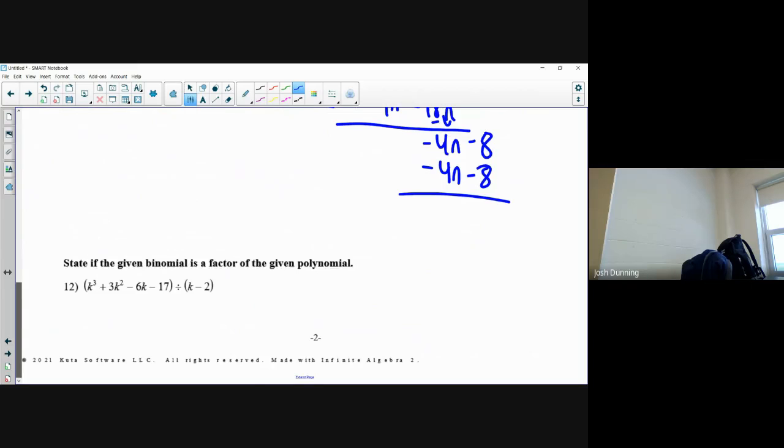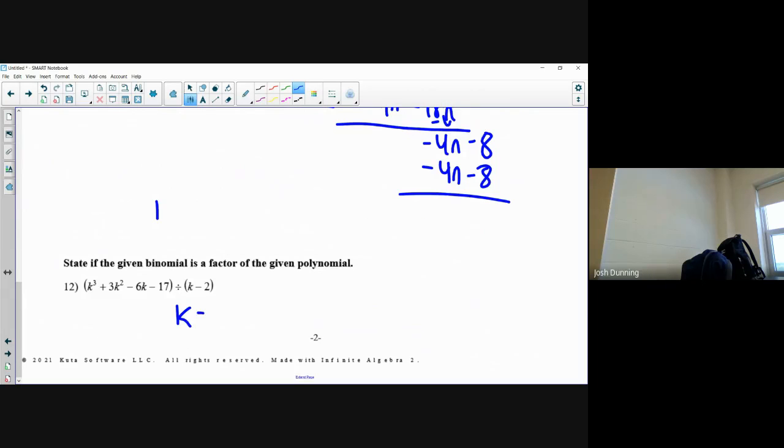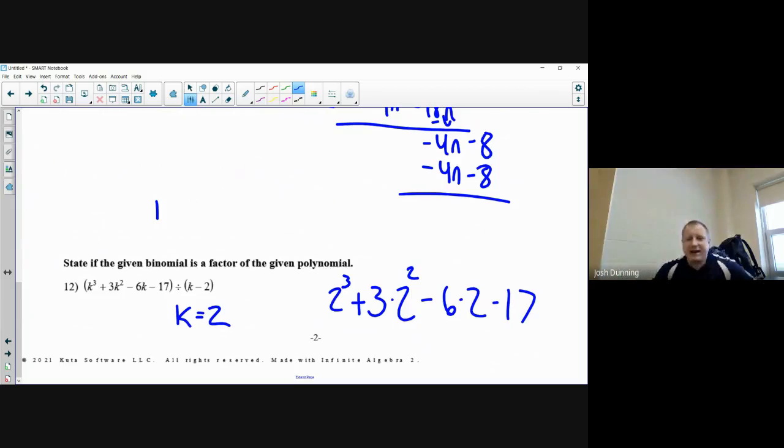If it doesn't say you have to divide, you can just plug in the solution you would get from that binomial. Just like when we solved that quadratic up there. K equals 2. You just plug that in, substitute it in for K, and especially when you have a calculator.